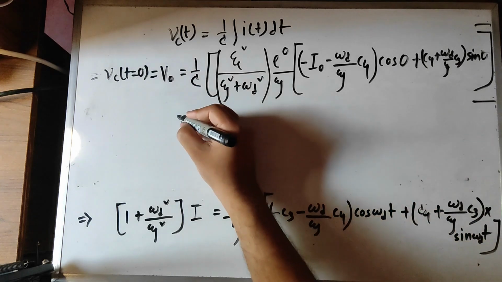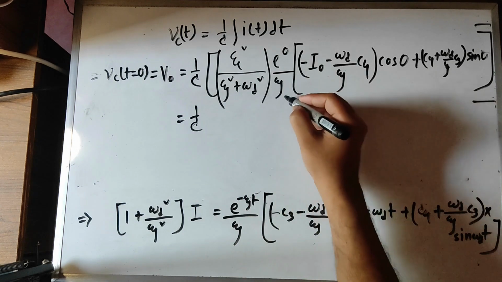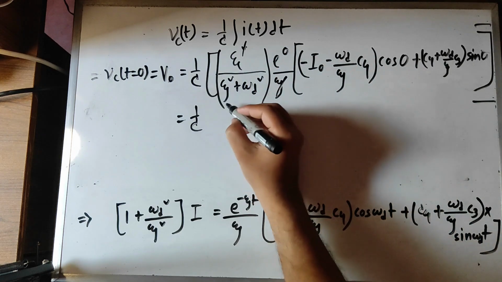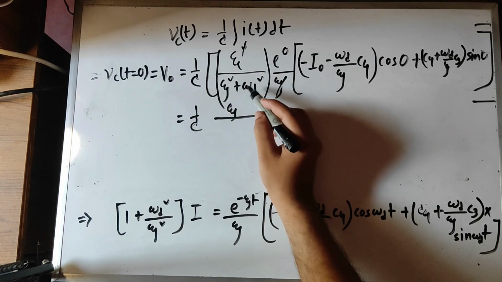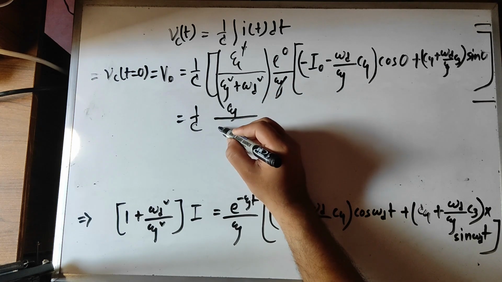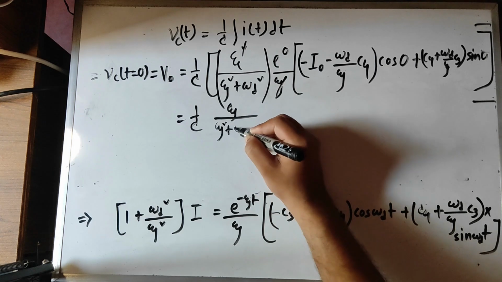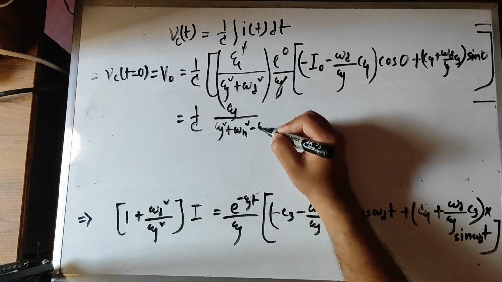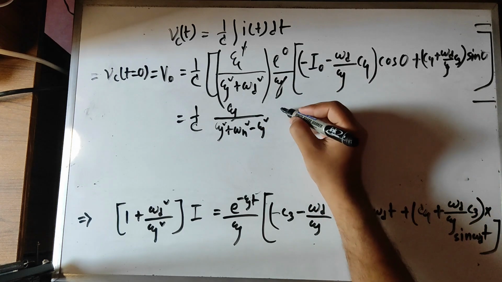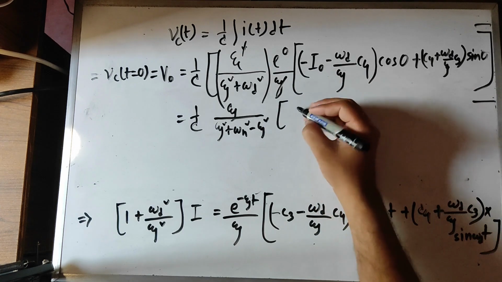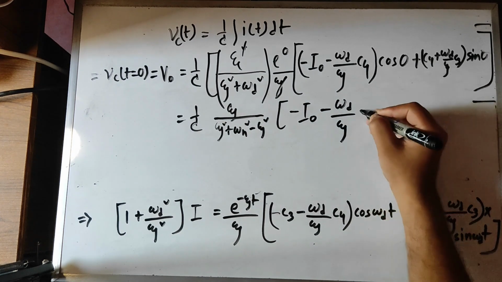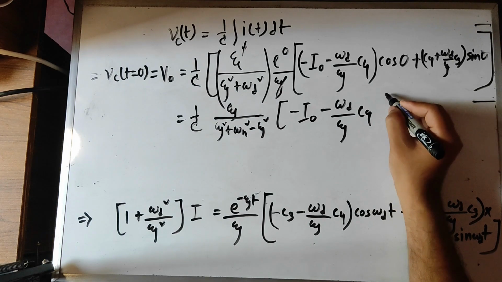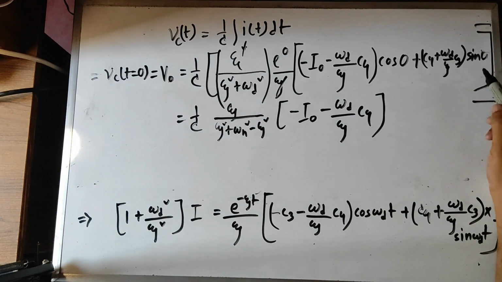This is what we have found. So 1 by C, zeta cuts out, so if we break this omega_d, we will find zeta squared plus omega_n squared minus zeta squared, and basically minus I0 minus omega_d by zeta C4. This is what remains, since sin 0 is 0 and cos 0 is 1.